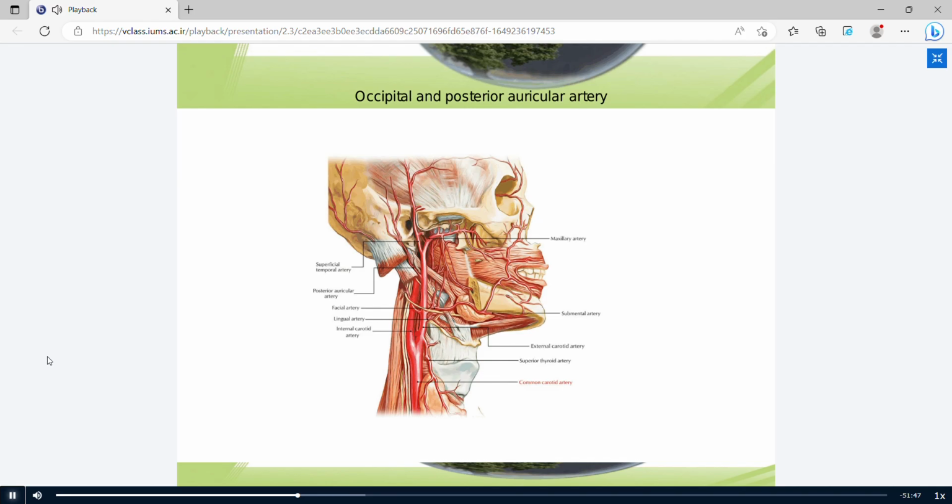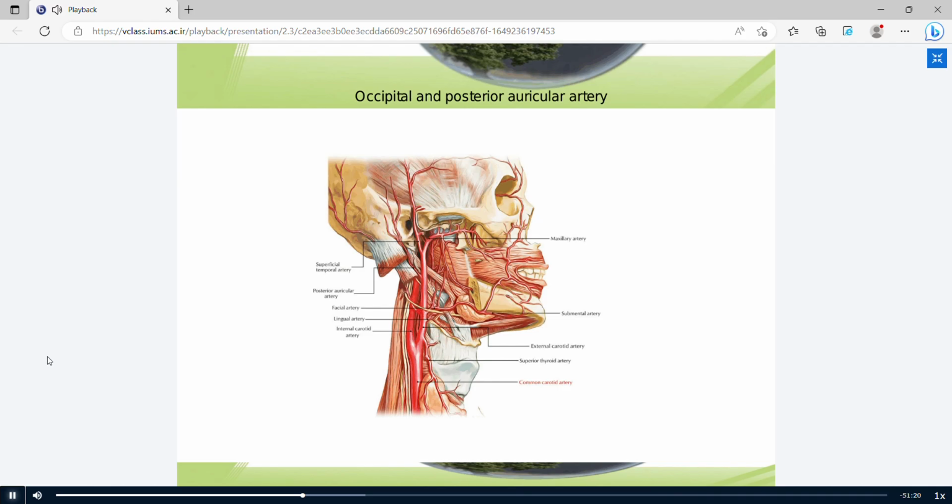This is the ascending pharyngeal branch, arising from the posterior surface of the external carotid artery, traveling upward and supplying the pharynx, palatine tonsil, and soft palate.